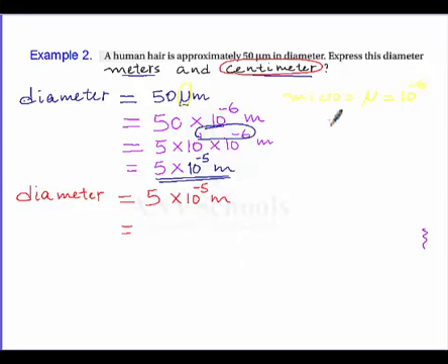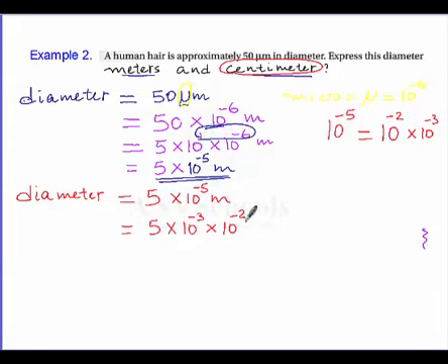I can write 10 to the power of negative 5 as the product of two powers of 10: 10 to the power of negative 2 multiplied by 10 to the power of negative 3. This is from the rule of exponents. I can write this as 5 multiplied by 10 to the power of negative 3, splitting it into two powers of 10, times 10 to the power of negative 2 meter.